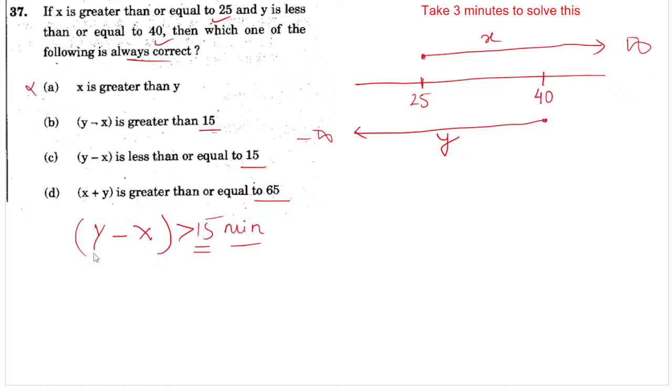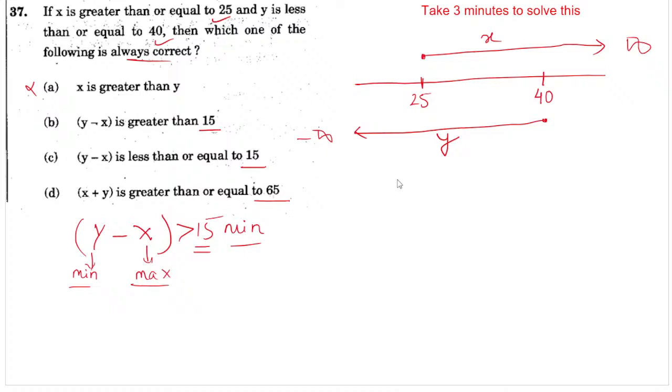To check the minimum value of an expression, like yesterday's question where we had to find a minimum value, the same way, x has to be maximum and y has to be minimum, because the whole term has to be minimized.